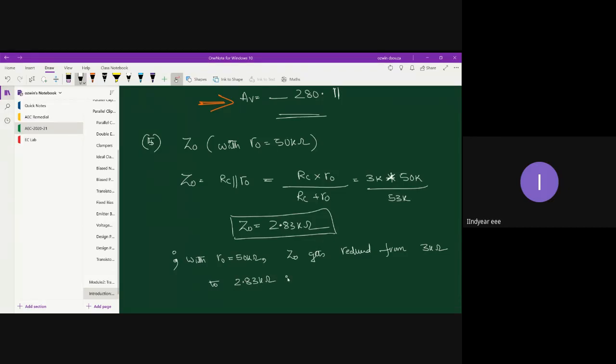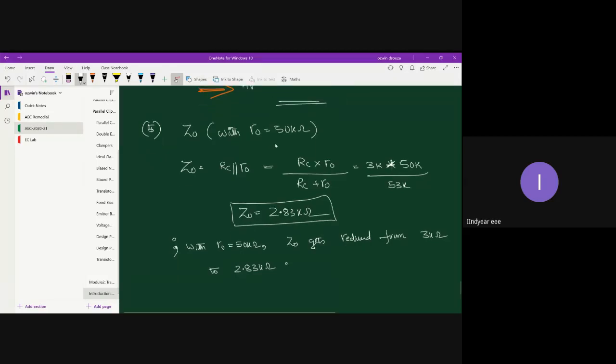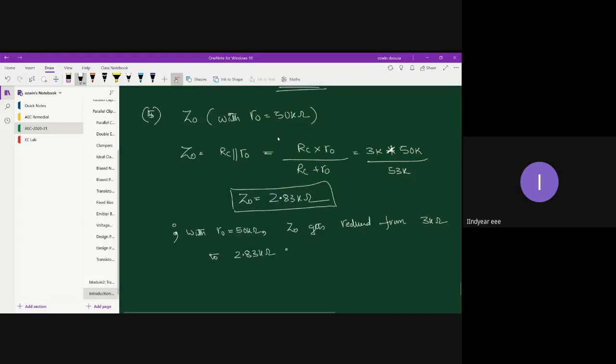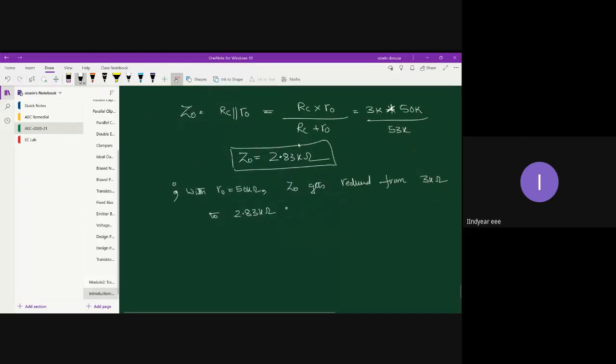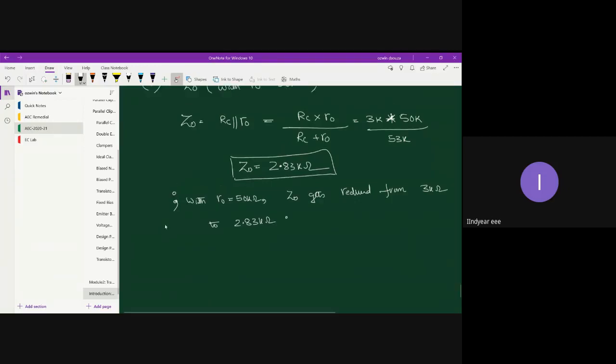That means the output impedance gets slightly reduced due to the effect of the finite value of R0. That means even your output voltage should also be reducing.